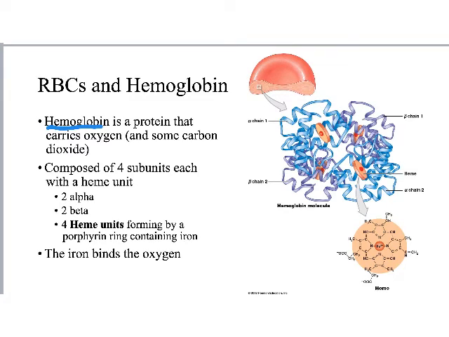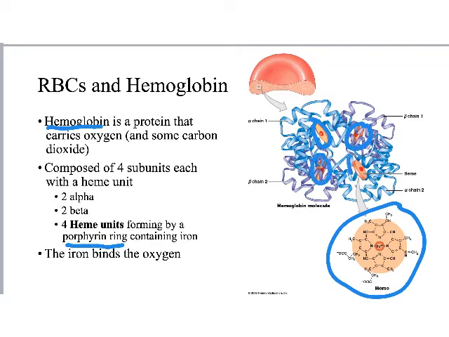So how is it that each subunit can carry an oxygen? That has to do with a molecule within the protein subunit called a porphyrin ring. So that porphyrin ring is kind of the central component. In the picture here, it's showing one there, one there, one there.